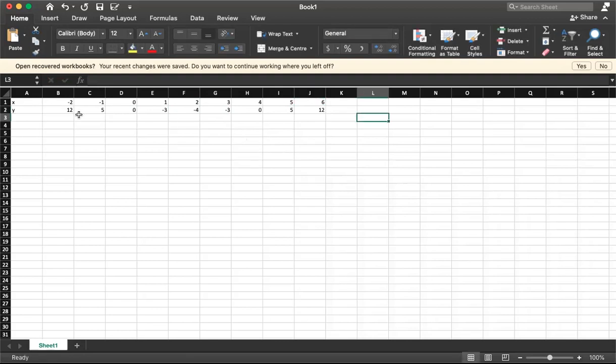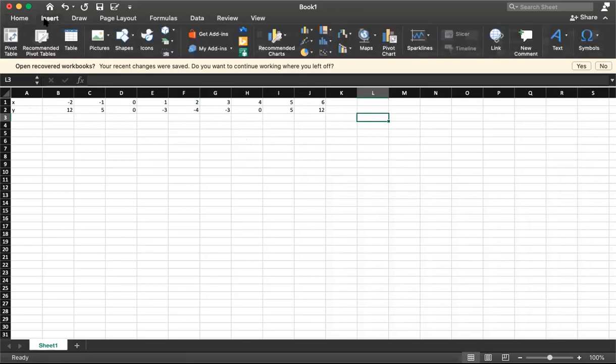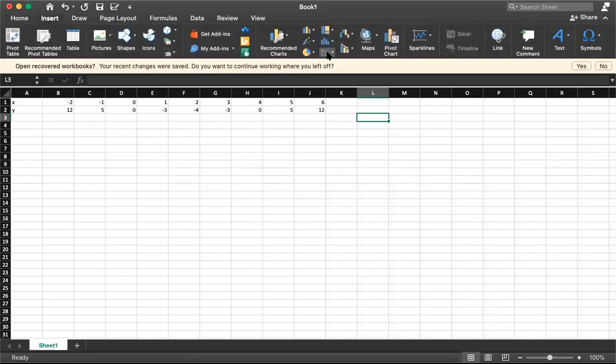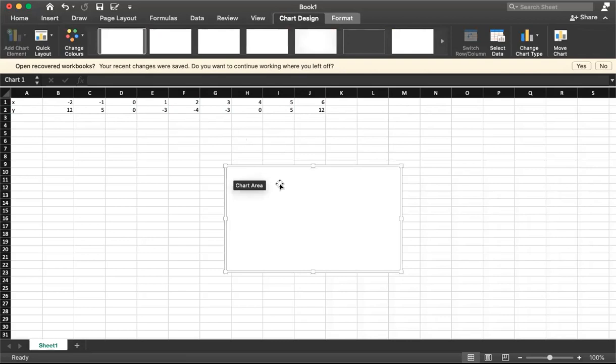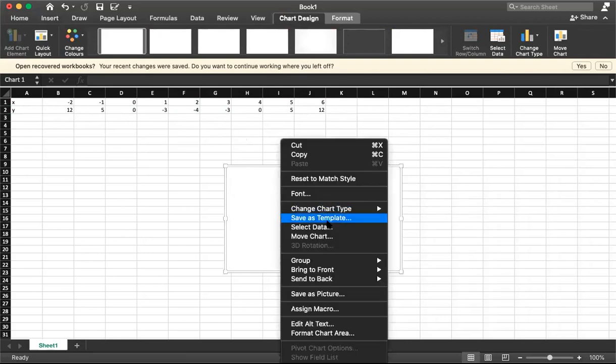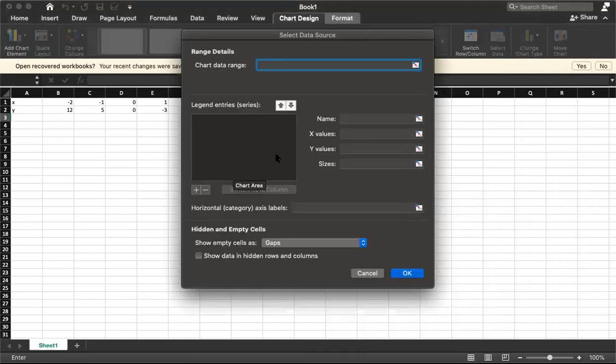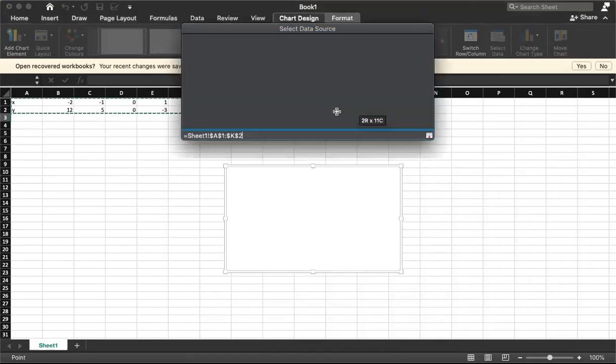Okay, so we want to plot these values here. So we insert a graph, and we want this one that shows us the values. Then we put the data. The data range is just that one.